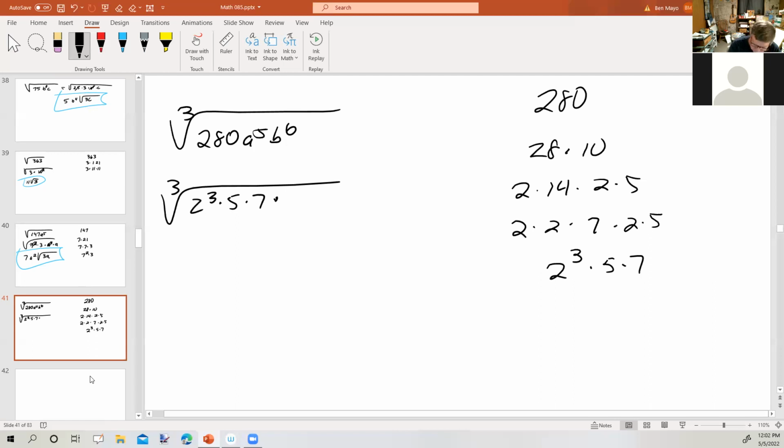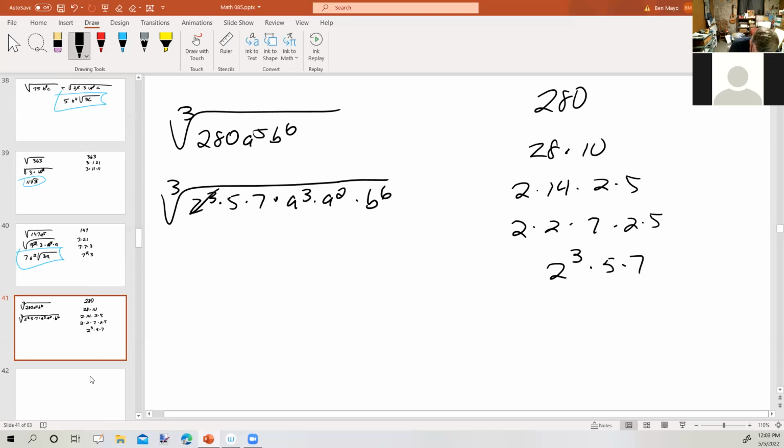A to the 5th, I'm going to write as a cubed times a to the leftovers. I can't get to a to the 6th, right? But b to the 6th, I'm going to leave alone because 3 goes into 6 evenly. So I broke it apart into cubes or powers that are multiples of 3 and then leftovers.